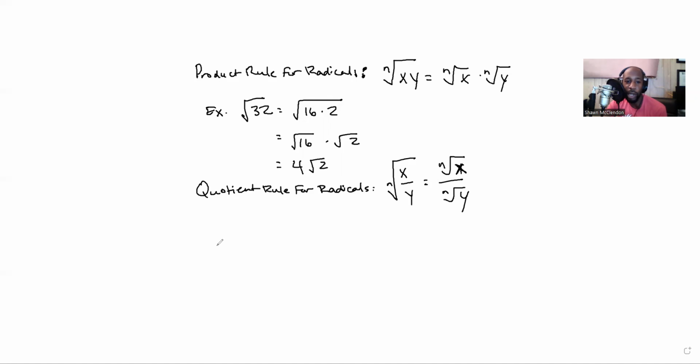With this example, I chose a nasty looking example, but I promise you it's not that bad. Oh yeah, but before I say that, keep in mind, y cannot be 0, because you never want a 0 in the denominator, because that is an undefined situation.